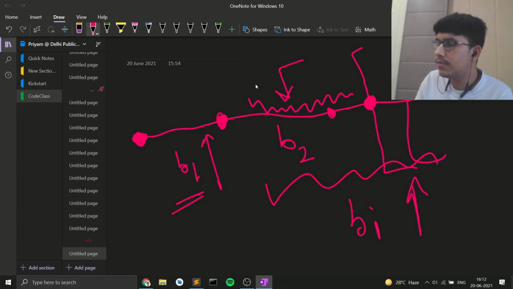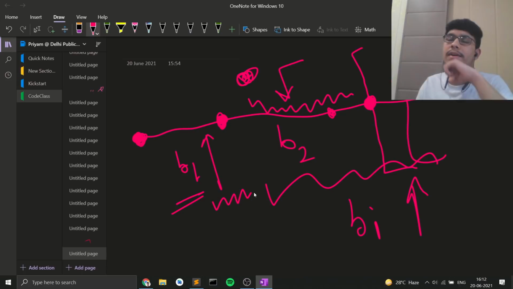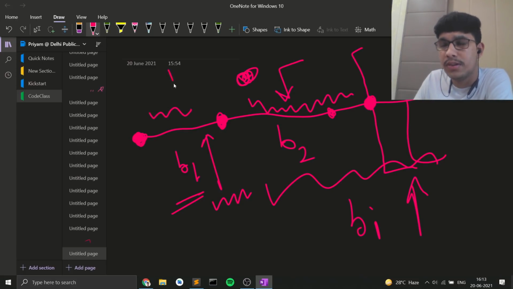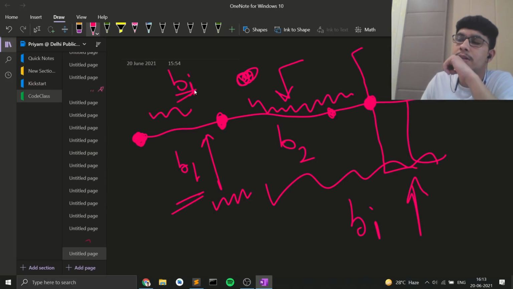So the chances of them getting a discount is lesser compared to this ball. So why should you waste the balls that have a lesser bi value? Why should you waste them? That is the thing.